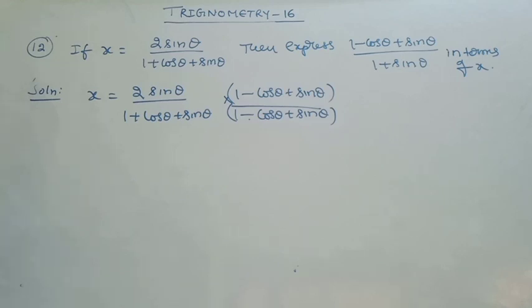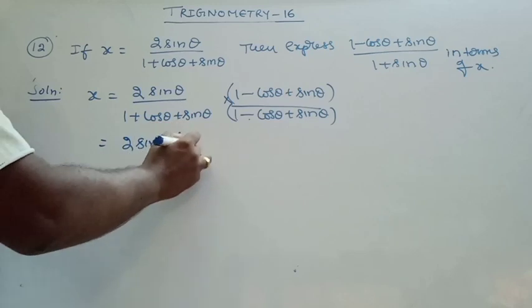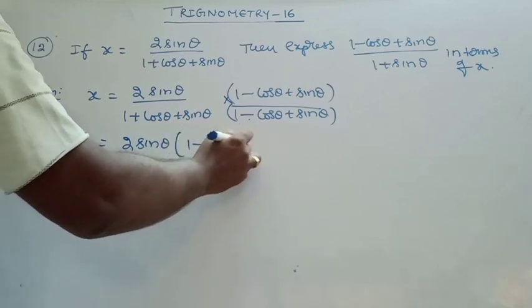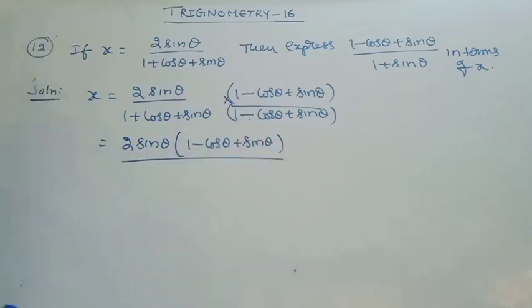Once we do like this, what we are going to get is 2 sin theta into 1 minus cos theta plus sin theta, whole thing divided by, right?